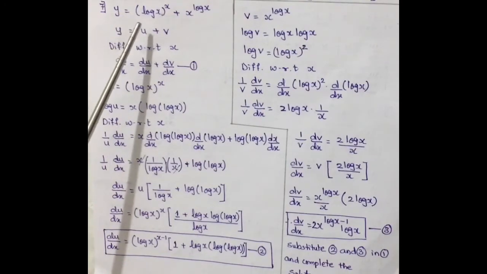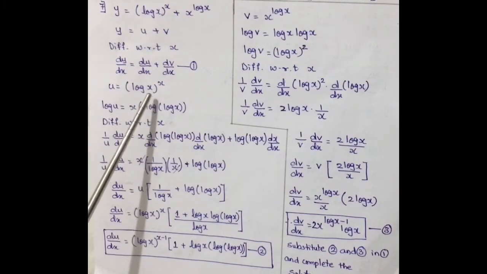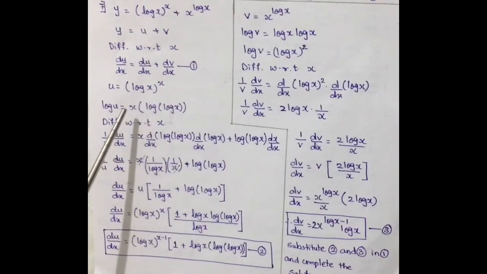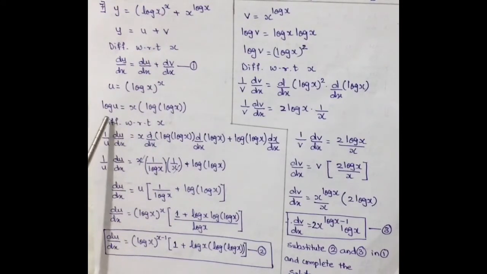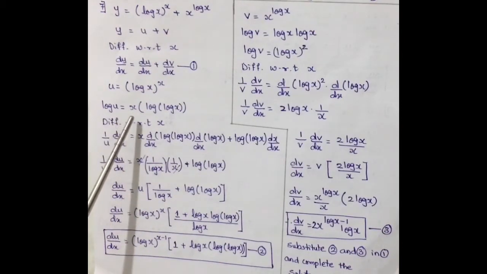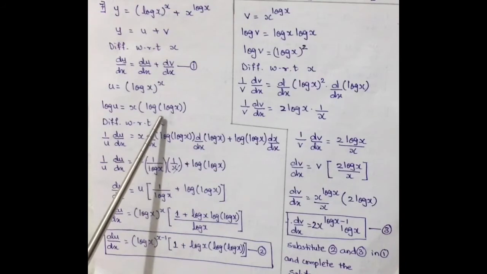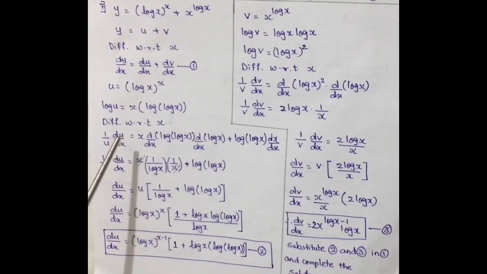Now assuming u as log x raised to the power x, to bring this x down, we'll take log on both the sides. So we have log u is equal to x log of log x. Now differentiating with respect to x, LHS differentiation will be 1 upon u du by dx.